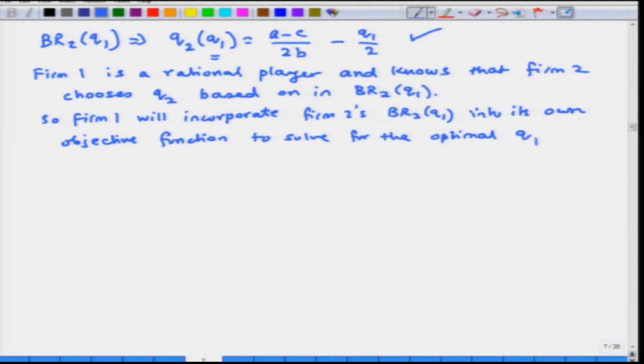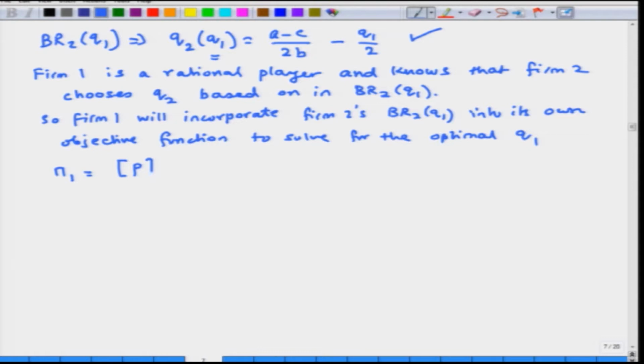So, in other words, firm 1, which has moved first, knows that based on that Q1 firm 2 would have chosen its Q2. So firm 1 can figure out what firm 2's best response is. So, it takes that entire best response function for firm 2 as given and then asks what is the best Q1 that I can choose given that firm 2 is doing what it is doing.